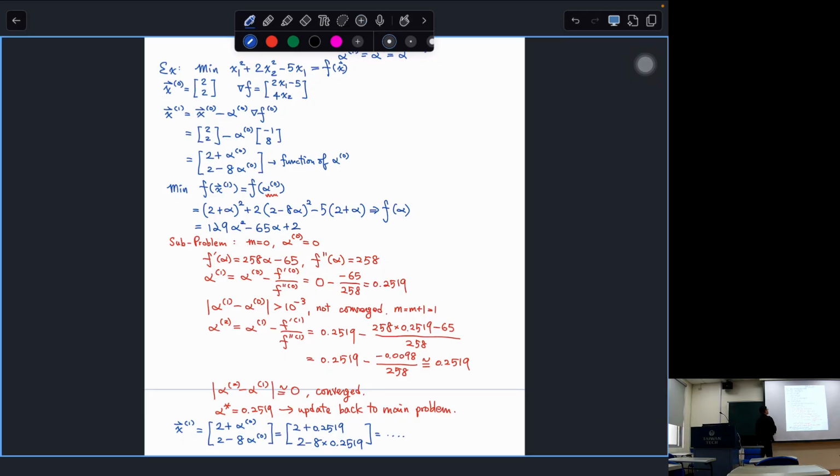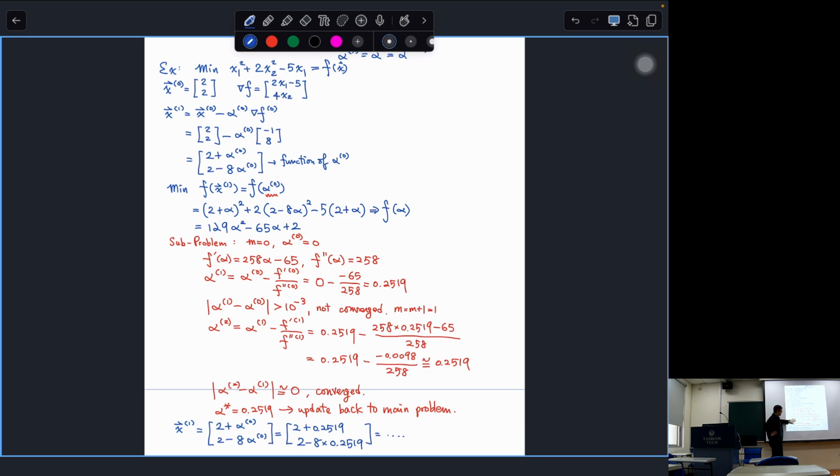You start with a gradient direction with an unknown step size. So everything becomes a function of alpha. You use a 1D Newton. By the way, you don't need to use 1D Newton here. You can use any method for the line search. I like to use 1D Newton because in only 2 iterations I can get the solution.